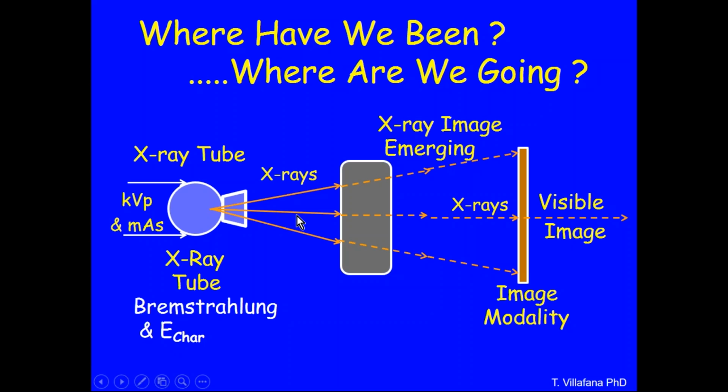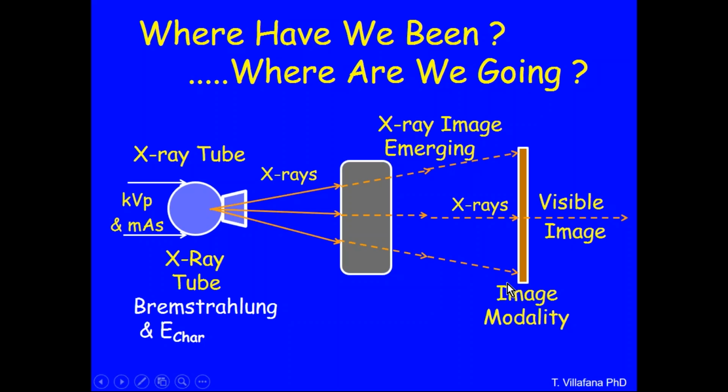But now we're getting out of the X-ray tube, and we're going to go through the patient. And now the question is, what happens in the patient? And that's what this particular chapter, chapter 5, is going to address. We know that as radiation goes through that patient, an X-ray image emerges, and that X-ray image is invisible.